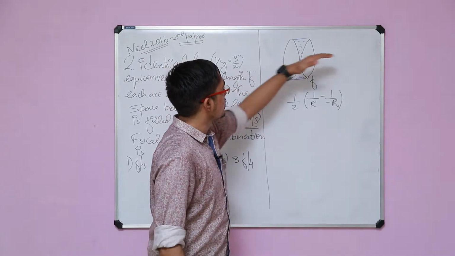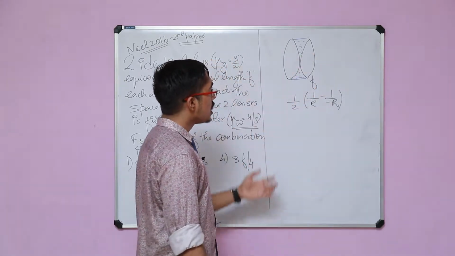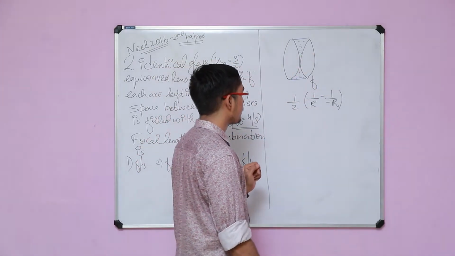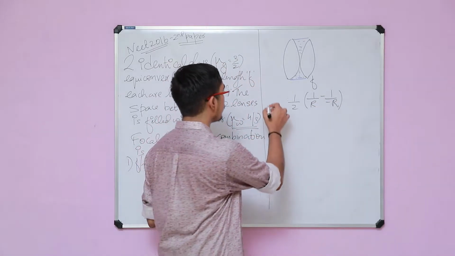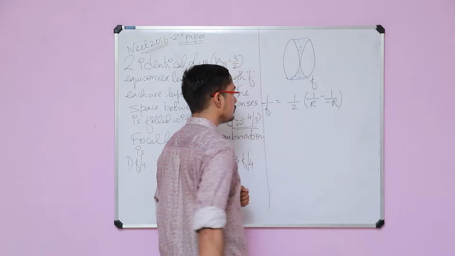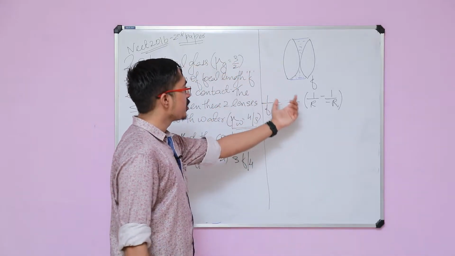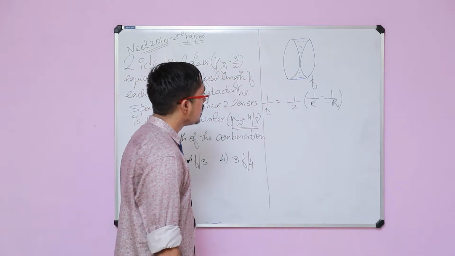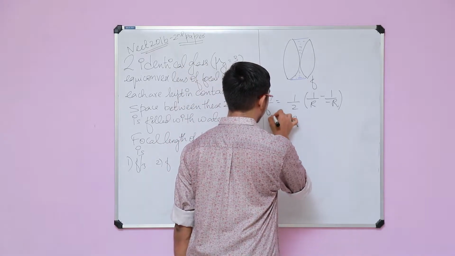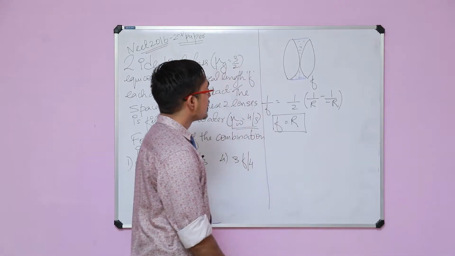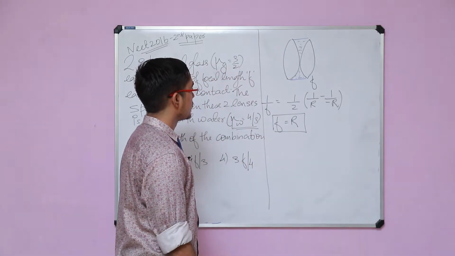One radius of curvature is towards that side, the other one is towards this side, so one of them has to be taken as positive. So 1/f = (mu - 1)(1/r + 1/r). Mu is 3/2, so 3/2 minus 1 is 1/2. If you solve this, you will get f = r. So the focal length is equal to the radius of curvature in this particular question.